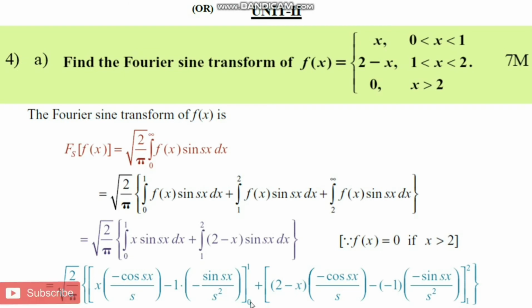Consider the limits between 0 and 1. Plus 2 minus x sin sx: the integration is negative cosine sx by s, plus the negative of the derivative of 2 minus x, which is minus 1, times the integration, negative sine sx by s square. Consider the limits between 1 and 2.